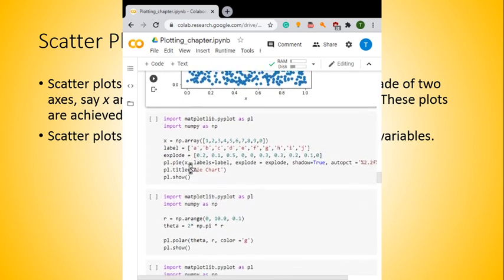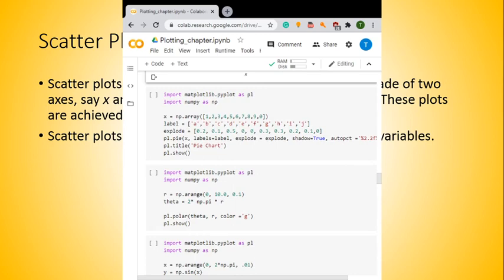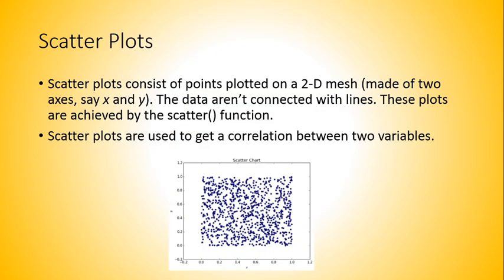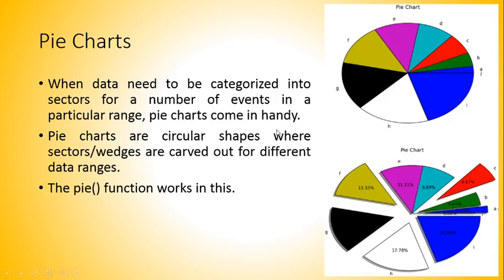Okay, let's move to our next topic, that is pie chart. You are quite familiar with what a pie chart is. There is no need to explain what this particular chart means. But just for clarification, when data need to be categorized into sectors for a number of events in a particular range, a pie chart comes in handy.